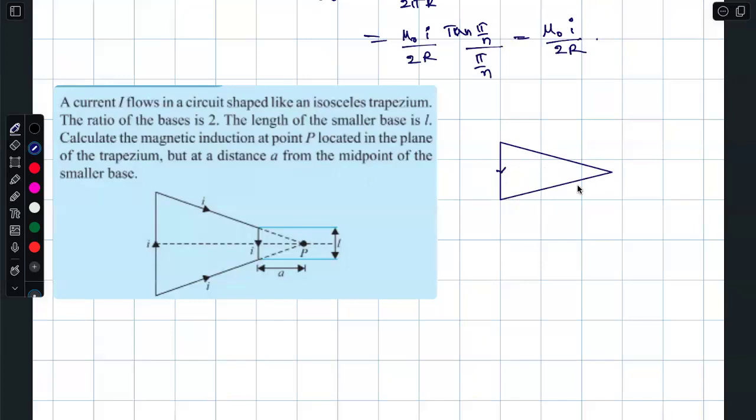This is a current carrying conductor, and this distance is A. Theta. Now see, remember what is our formula? If this is the current, can you please help me in writing the direction of the field due to this?